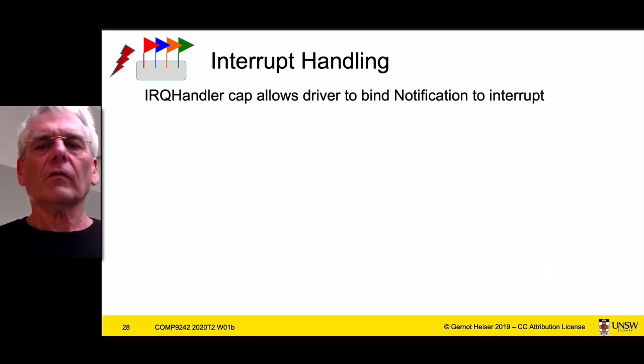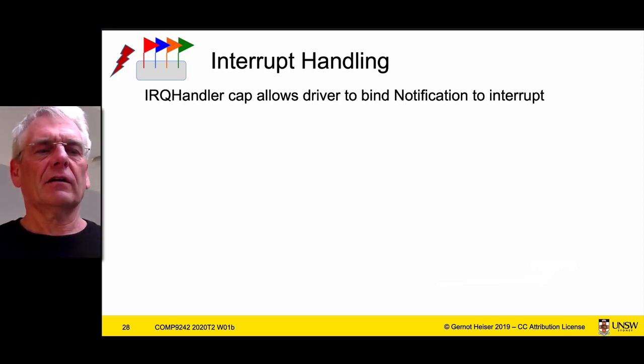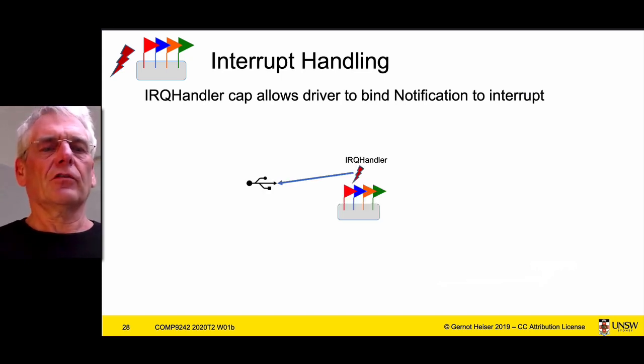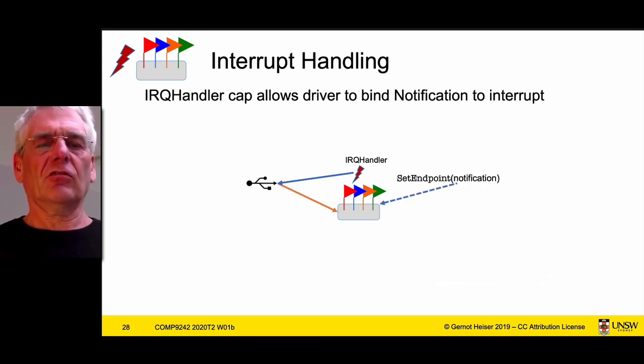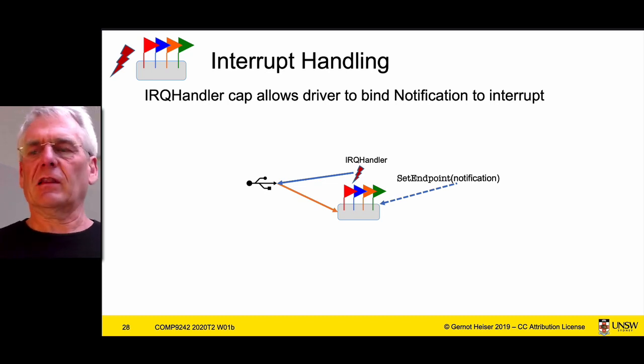So the IRQ handler allows you to bind a driver to an interrupt notification object. All interrupts are represented as notifications in seL4. So you have an interrupt source, which corresponds to an IRQ handler, and you can bind that to a notification, and then whoever has the right to read from this notification basically is the interrupt handler.